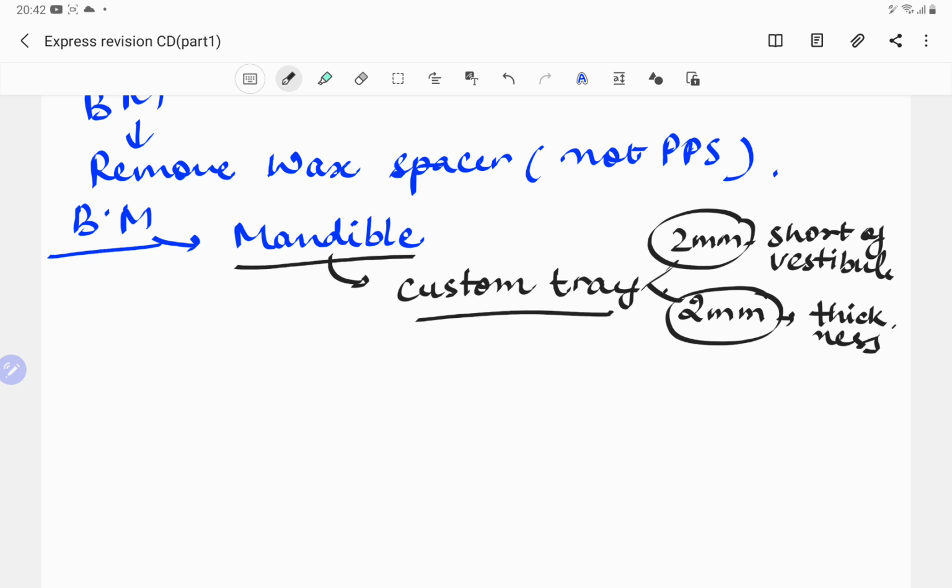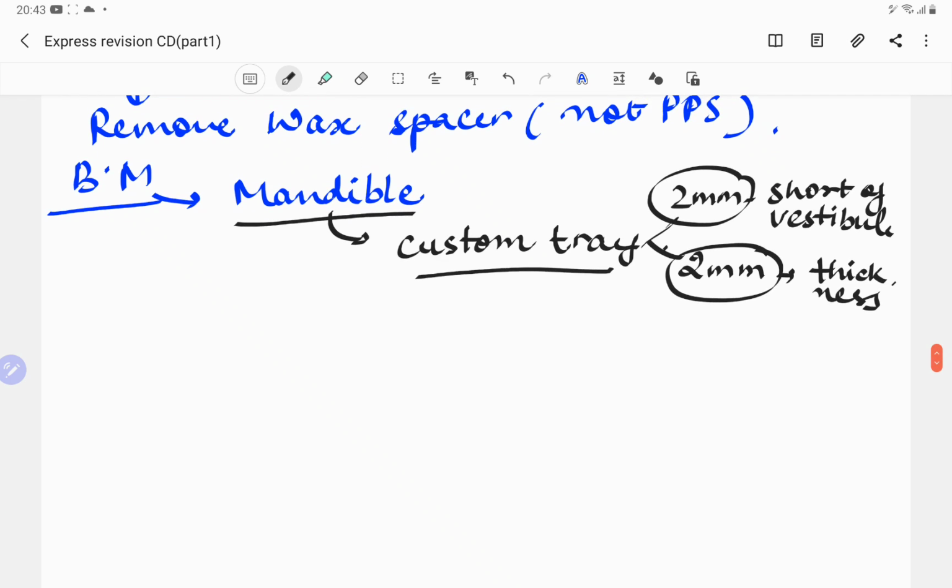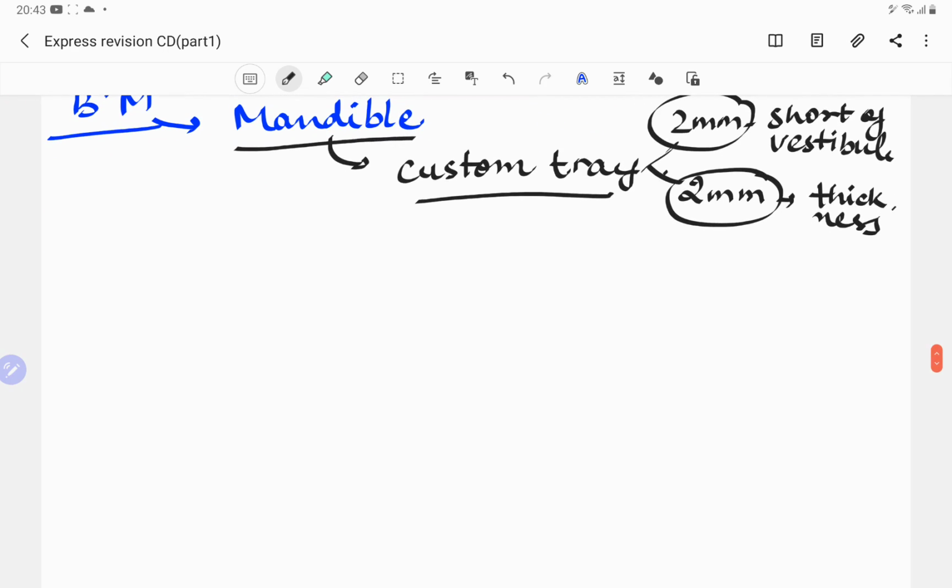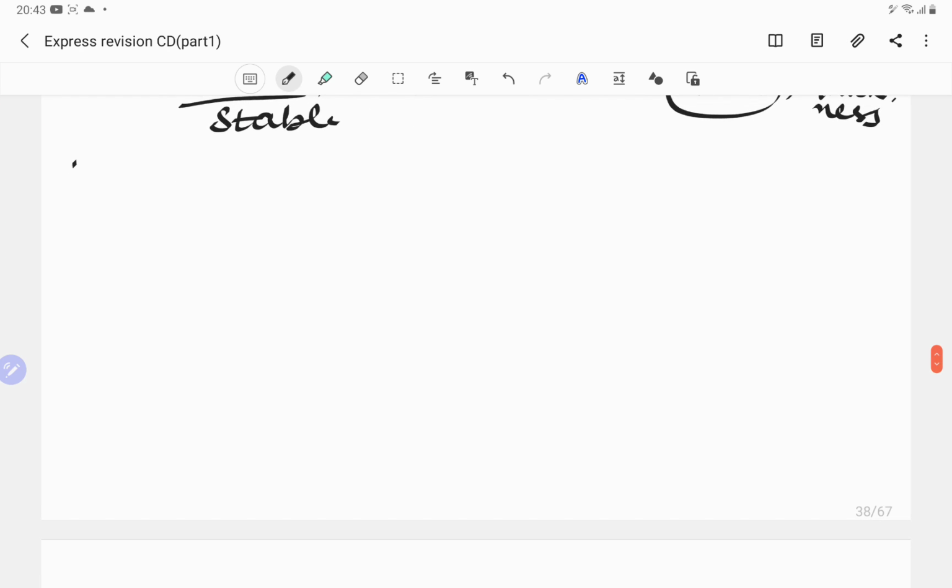So in the mandible, we have to check that the custom tray is not moving, will not displace, and that it is stable, right? Then for border molding of the lingual border of the mandible, lingual area, that means the mandible only.